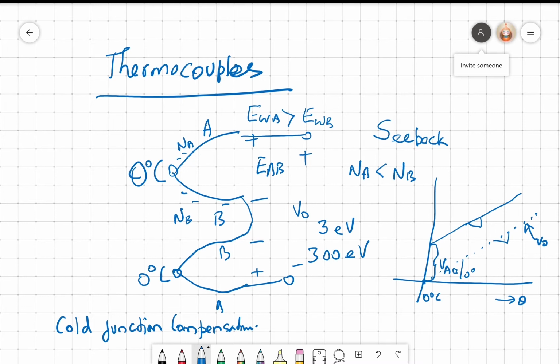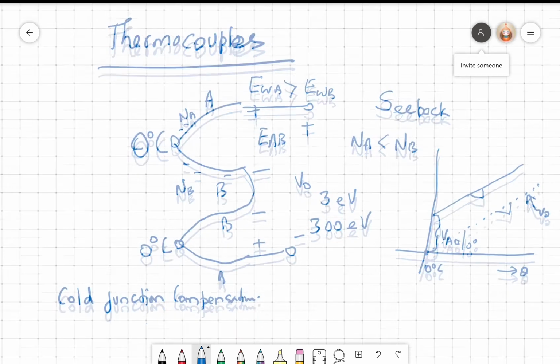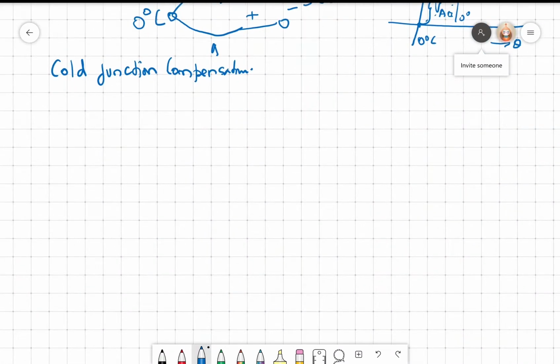People have researched over the years, and they have found different types of materials that give you nice characteristics. This combination of materials A and B is given a letter, so thermocouples are normally named by letters. For example, we have the E-type thermocouple.